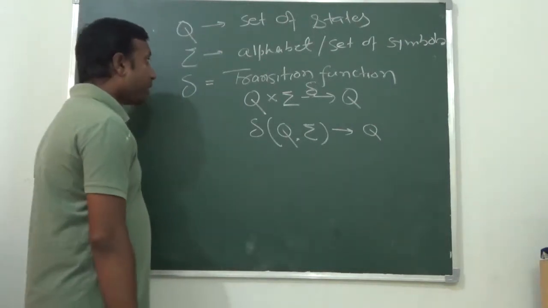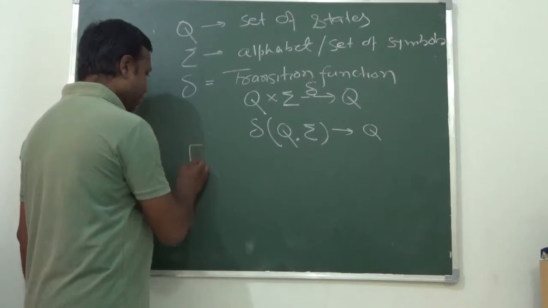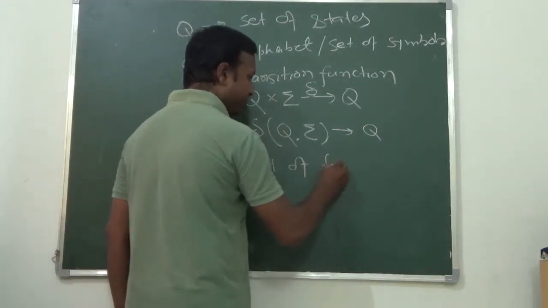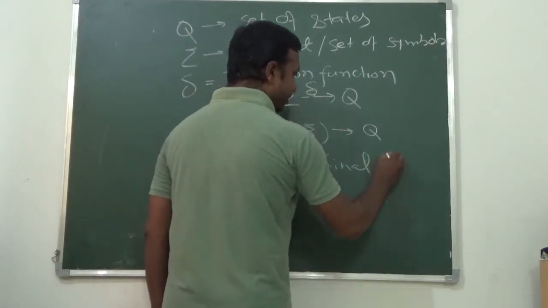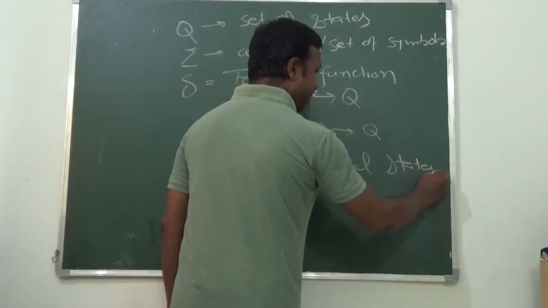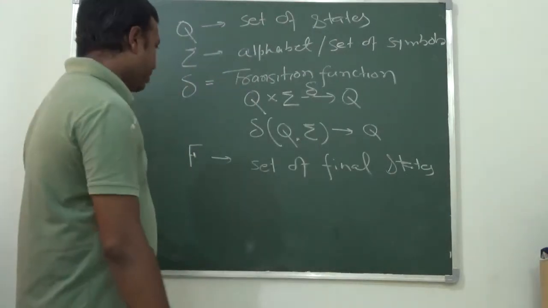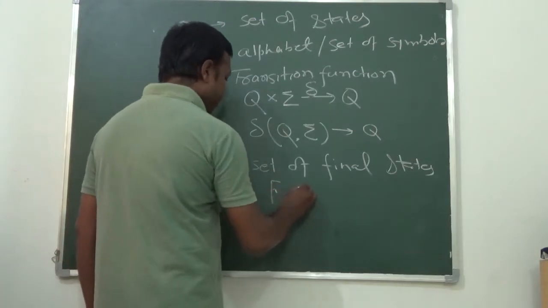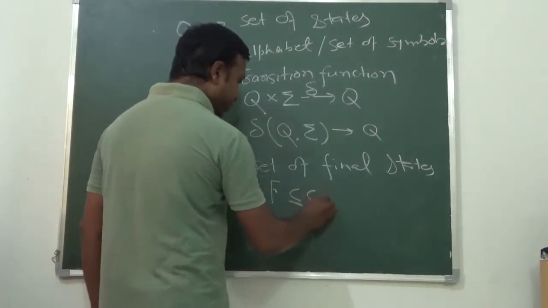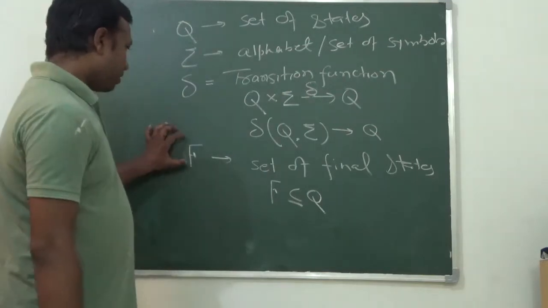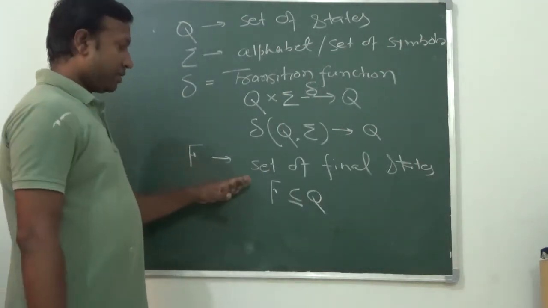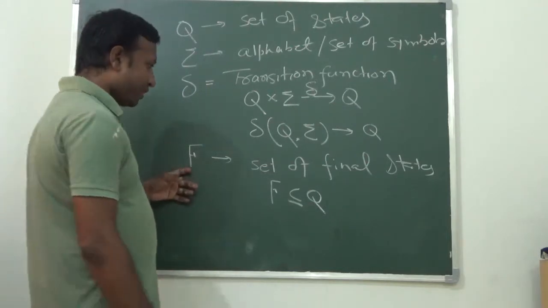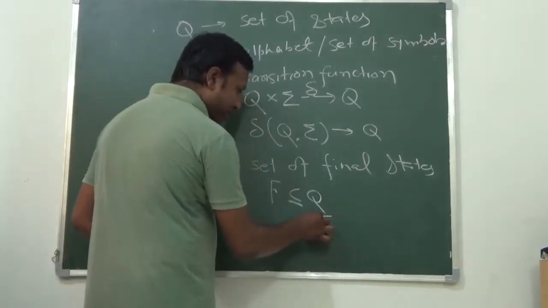Fine. Then what we have, the final states. So it is a set of final states, and obviously this is not another set, it is a subset of Q. There may be more than one final state.